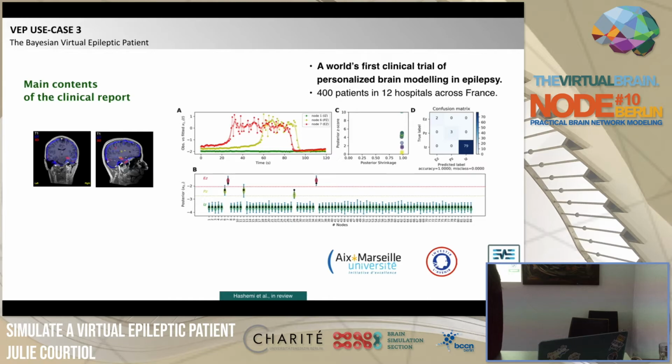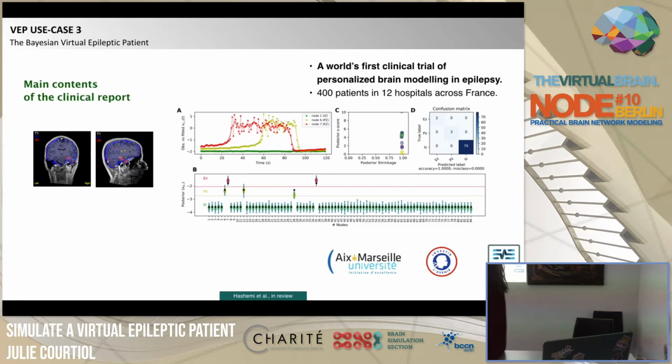This is an example of the clinical report for these exemplary patients. In particular, the epileptogenic zone is the target of the epilepsy surgery. So they will provide a clinical report to the surgeon, and help them to take informed decisions.